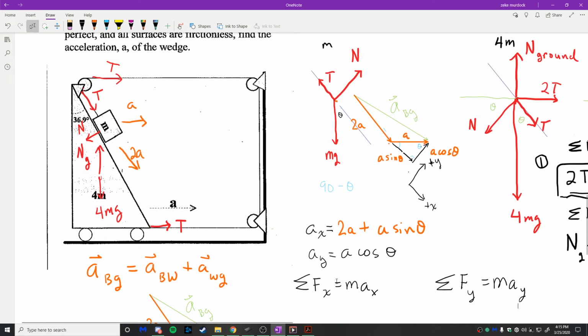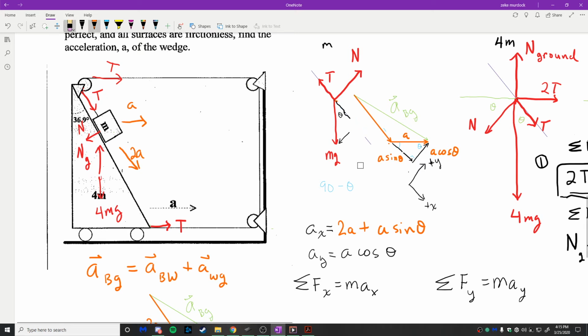Now the forces that we'll write down here are going to be the forces acting in the x direction, right? We said that this was theta, so I would say that we can break up our force mg into a component that would point down the ramp like that, and a component that would point like this, right? That's how we're going to break up mg. Let's clean this up just a little bit.